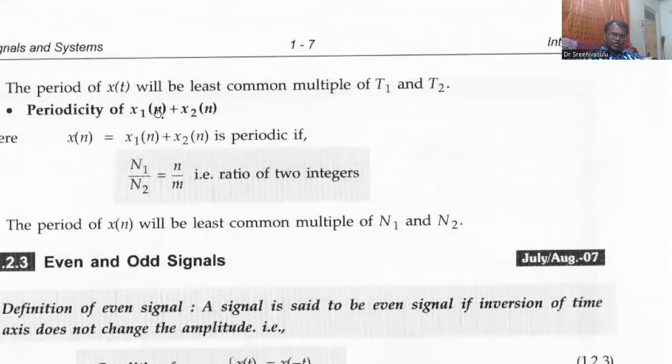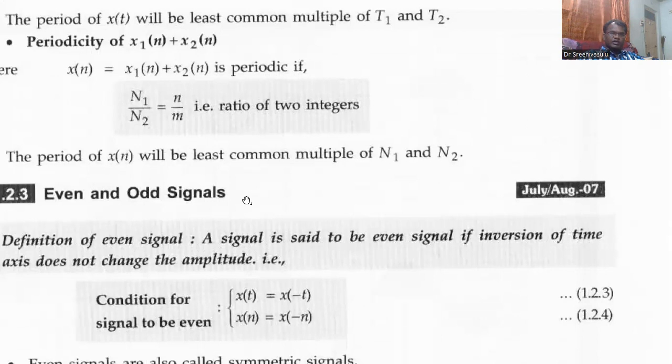If both are periodic, take the ratio of the first period N1 divided by N2. If numerator and denominator are both integers, it is a rational number and the signal is periodic. Otherwise, it is non-periodic.